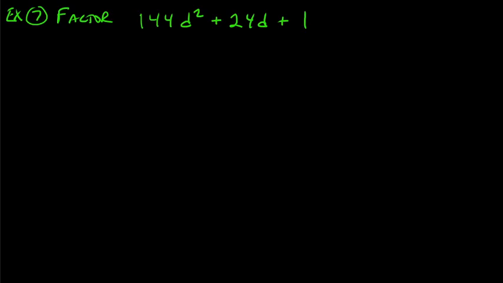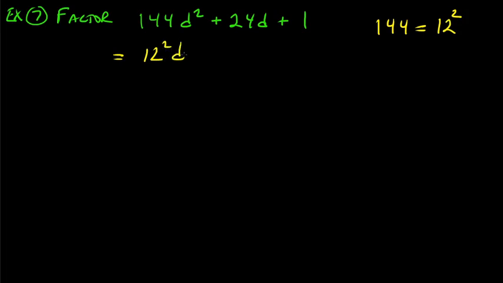Try this one: 144d squared plus 24d plus 1. So the 144 is a perfect square. You take the square root and you get 12. So 12 squared is 144.